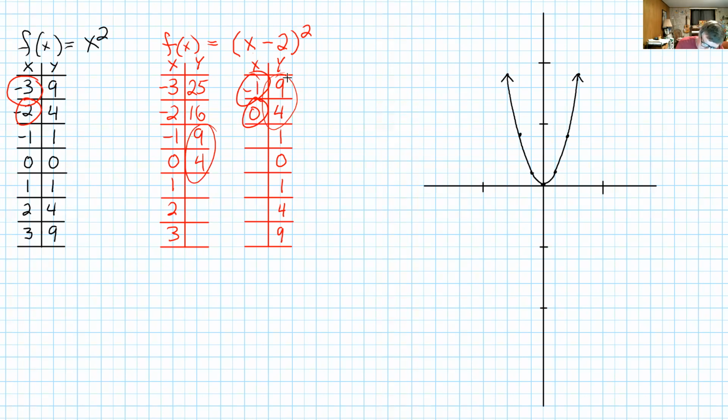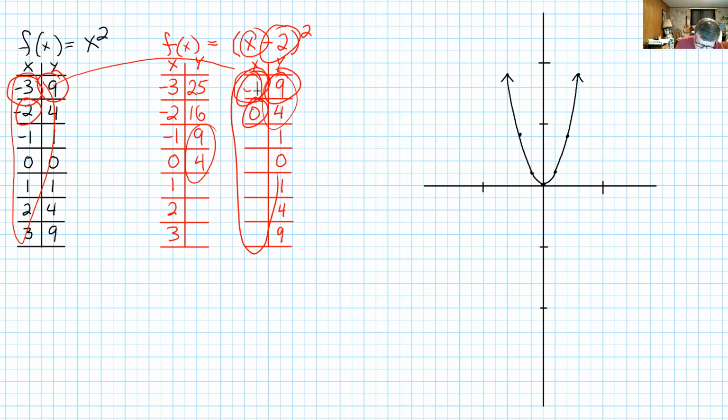So if we want to get a 9, just like we got a 9 over here, if we put -3 in there and subtract 2 and square it, we're not going to get 9. Since we're subtracting 2 here, if we add 2 to start with, the original x value, -3, plus 2 is -1. If we put -1 in there, subtract 2, we get -3, we square -3, we get 9. What I'm getting at is these values need to be 2 more than those values.